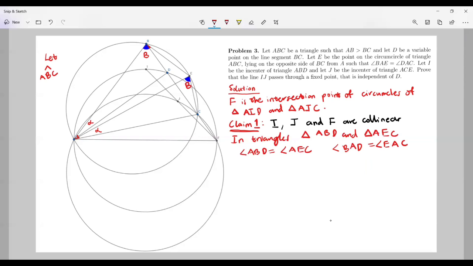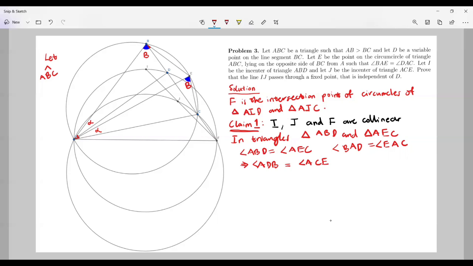You can just see that immediately. Now, what does this imply? It implies that the third angles are equal. So angle ADB is equal to angle ACE. Since the two angles are equal, half of the angles will be equal too.